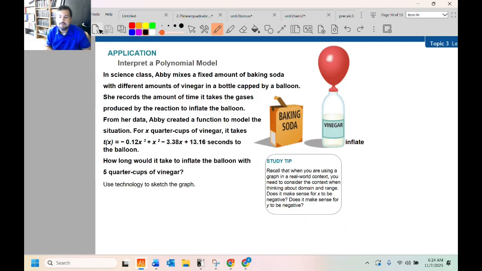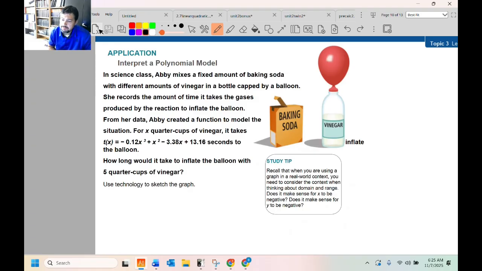In a science class, Abby mixes a fixed amount of baking soda with different amounts of vinegar in a bottle capped by a balloon. This will release gas. The balloon will inflate. She records the amount of time it takes gases produced by the reaction to inflate the balloon. From her data, Abby created a function to model the situation. Abby's a pretty bright girl.